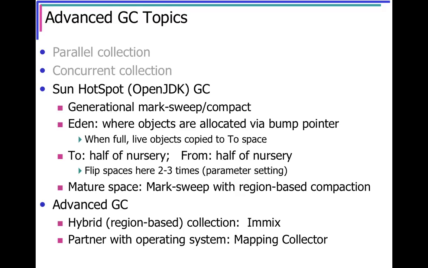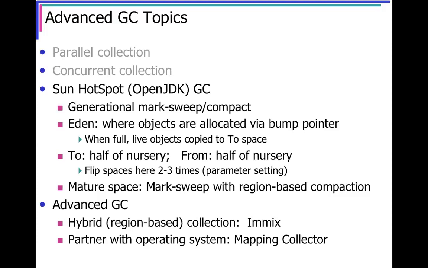In the Sun OpenJDK and HotSpot garbage collection that is now owned by Oracle, there's a generational Mark Sweep Compact garbage collector. The idea here is, in the nursery you have an Eden where you allocate objects from, and then you copy it back and forth in the nursery following Eden allocation.